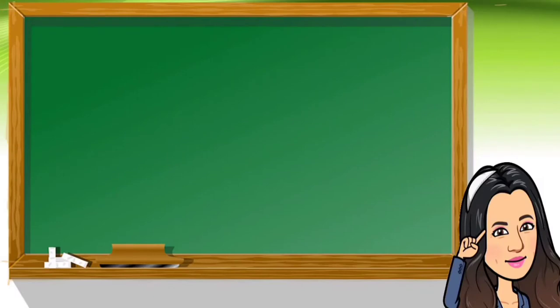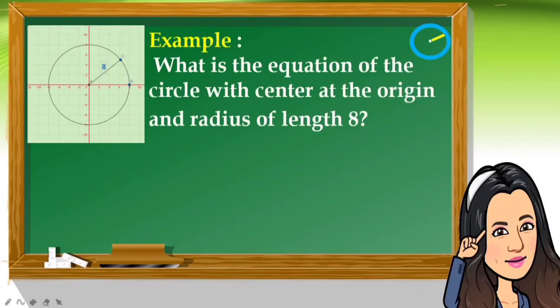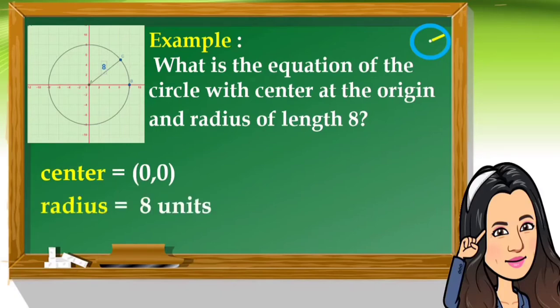Now let us have an example for this topic. What is the equation of the circle with center at the origin and radius of length 8? So the given in the problem are the center, which is at point (0, 0), and the radius of the circle, which is 8 units. Using the center radius form of a circle, x squared plus y squared is equal to r squared, we will replace the variable r with the value of the radius, which is 8 units.